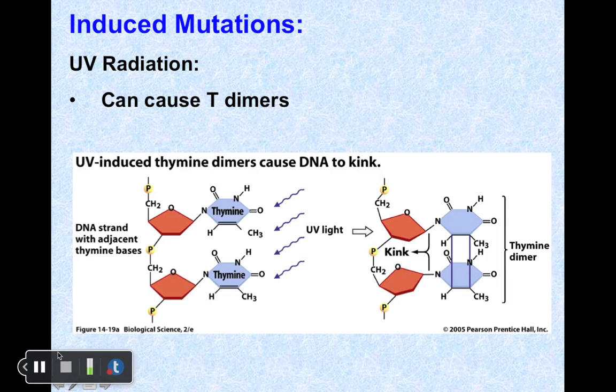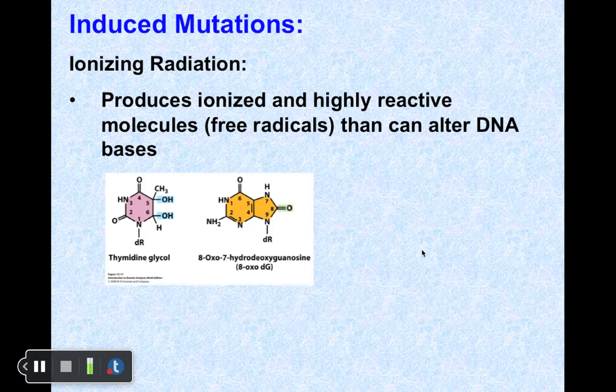Radiation, of course, can also cause problems. So for example, think about ultraviolet radiation causing potential problems with skin cancer. What it can do is literally interact with DNA and cause bonds to form between adjacent thymines. So these thymine dimers can be produced, and they can produce kinks in DNA that can actually change the structure of DNA, and that can cause big problems if they go uncorrected.